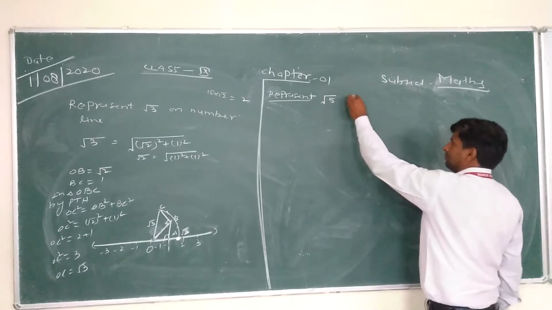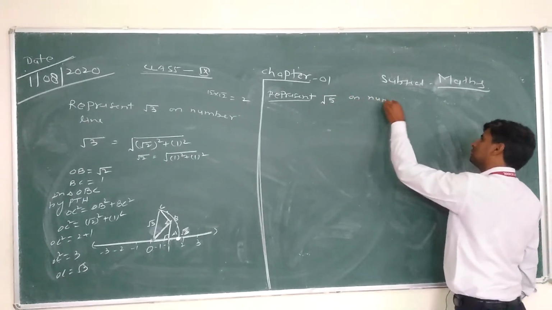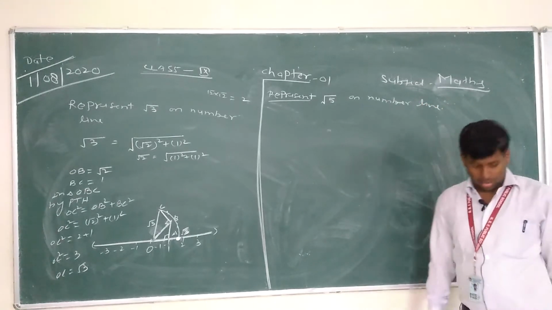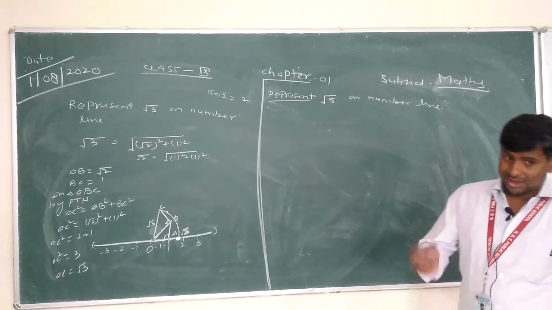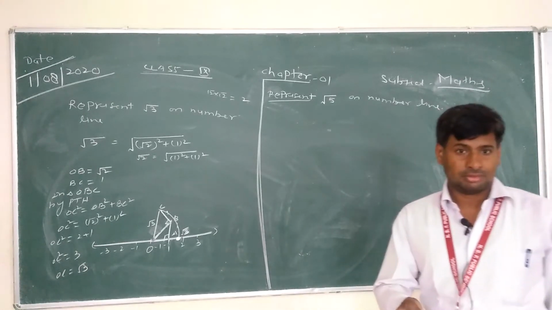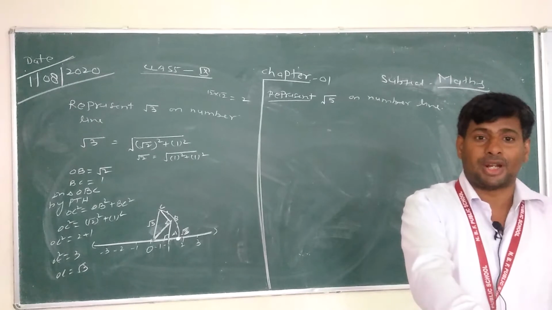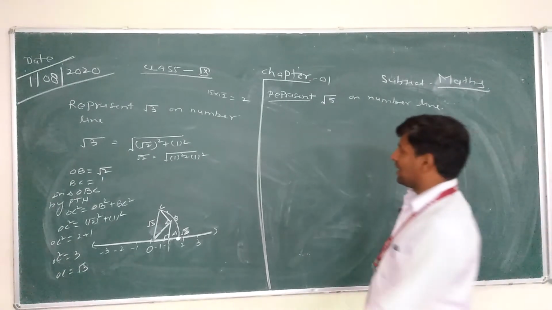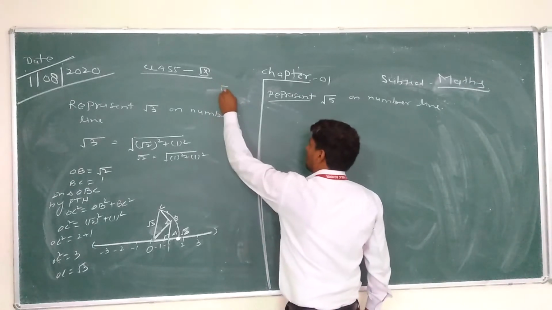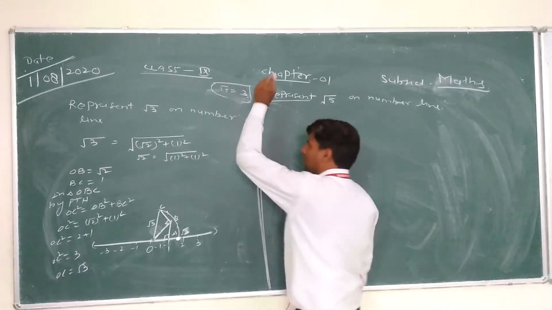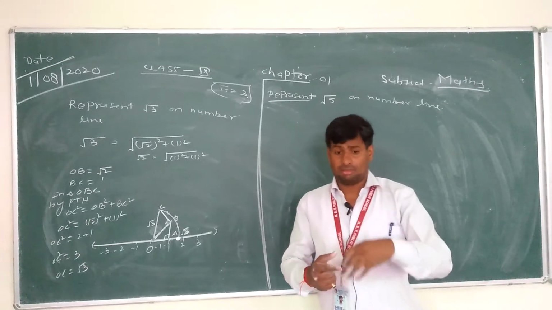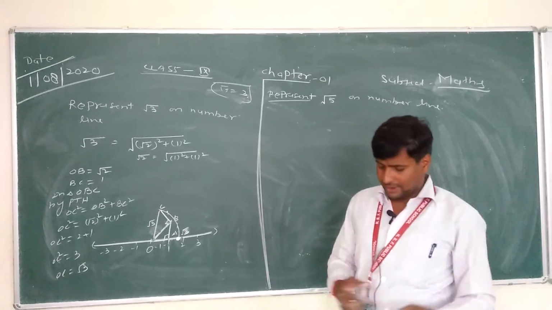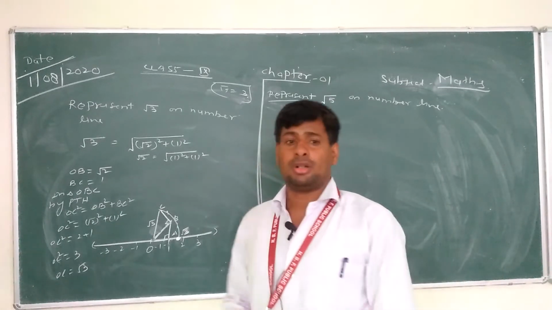Root of 6, root of 7, root of 8 depend on root of 5. After 9, because root of 9 is a perfect square, root of 9 is 3, which can be represented easily. But after root of 9, root 10, root 11, root 12, root 13, root 14, root 15 depend on root of 9.